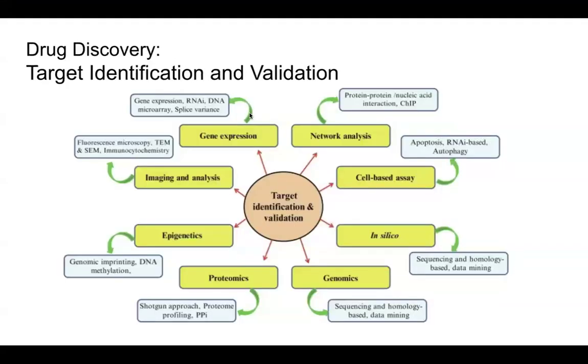They're also important in the field of drug discovery, particularly in target identification and validation. So when we sequence proteins that are associated with a particular disease, we can identify potential drug targets. So for example, proteins that are overexpressed or underexpressed, or proteins that are mutated in certain diseases.